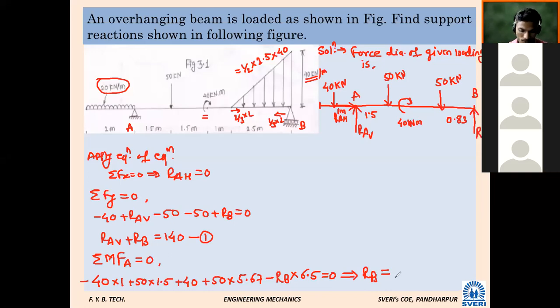From this calculate RB. 55.15. 55 is the correct answer.